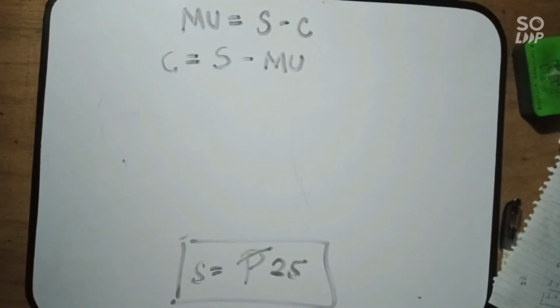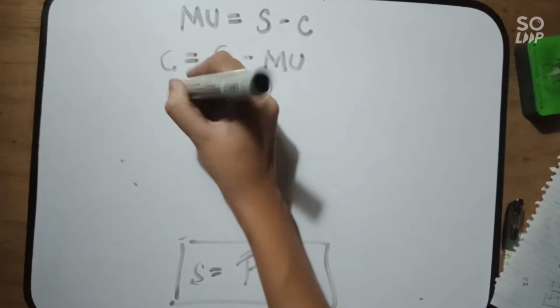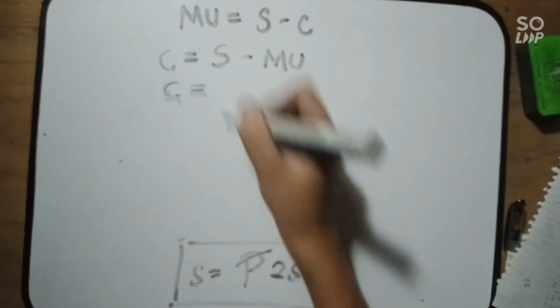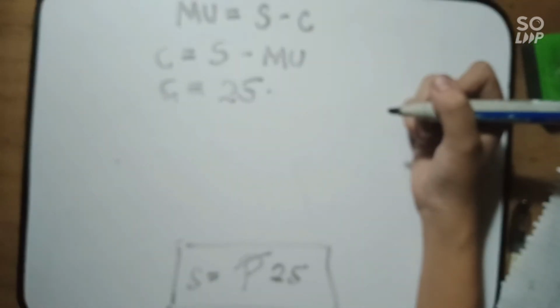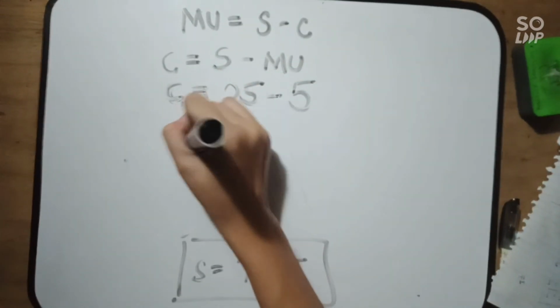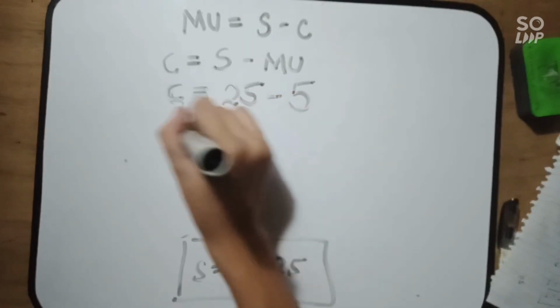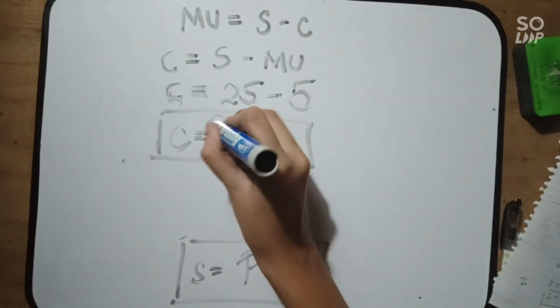Substituting the given values, the cost of the product equals the selling price, which is 25 pesos, minus the markup, which is 5 pesos. So the cost of the product is 20 pesos. Therefore, the selling price of the pens is 25 pesos and the cost of the product is 20 pesos.